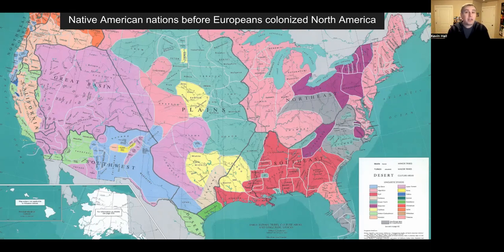And just like countries today, and just like countries all throughout history, sometimes these different nations of Native Americans got along with their neighbors and were peaceful. Other times they went to war against each other and were enemies, just like countries have done throughout history.